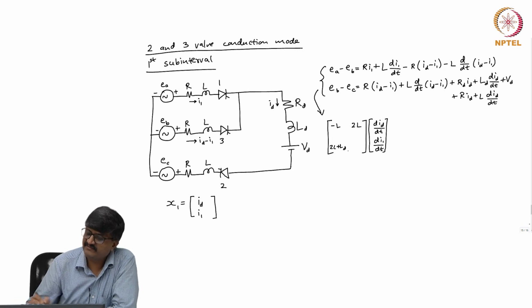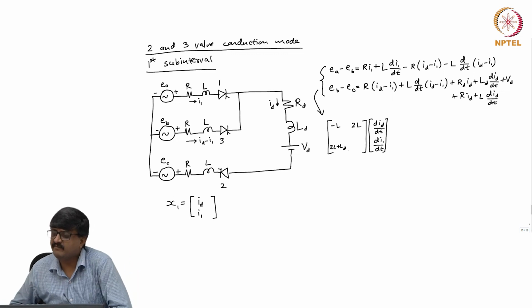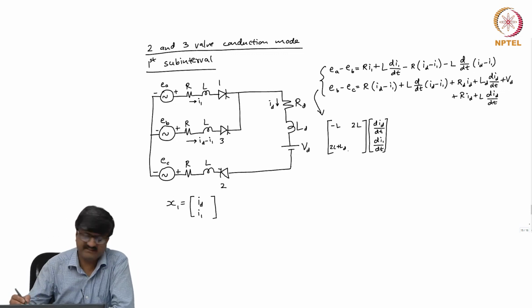Then the coefficient of dI1 by dt is minus L.